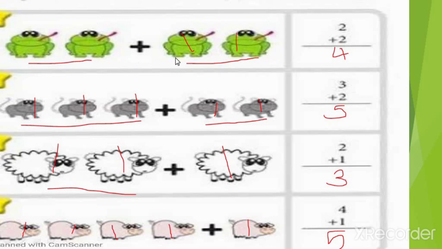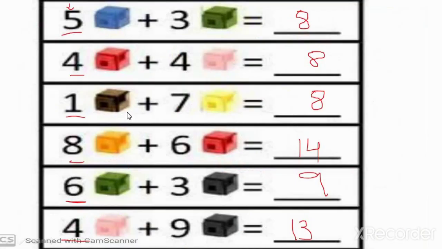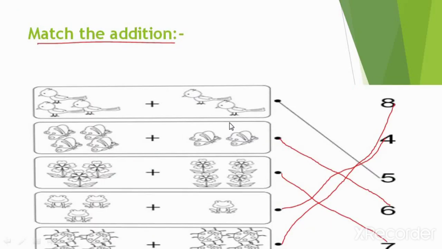Look, these are the pictures and these are the addition sums. We learned to make oral sums. Okay? How to make oral calculation with the help of given numbers. We know how to add single digit numbers, which means we have done single digit addition. We also learned match the addition.